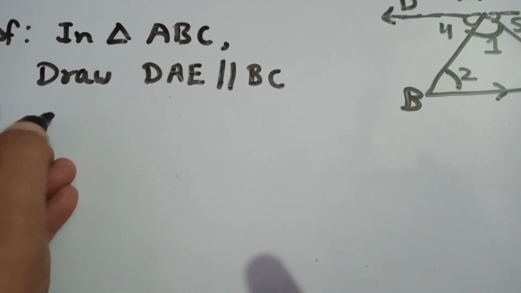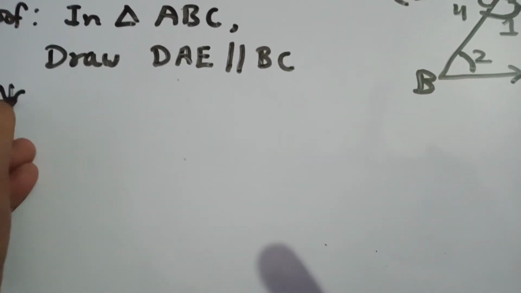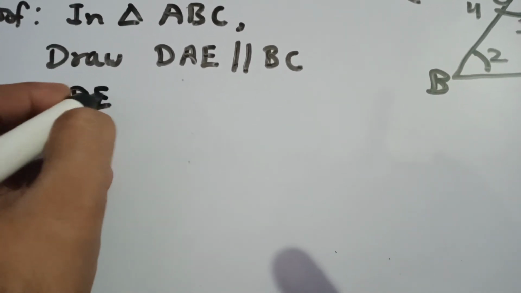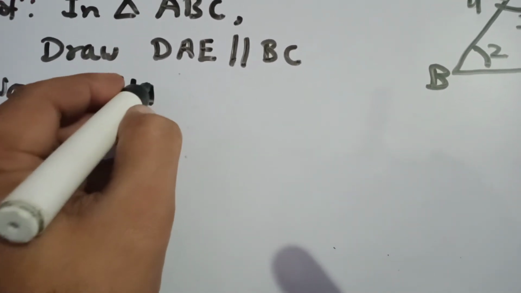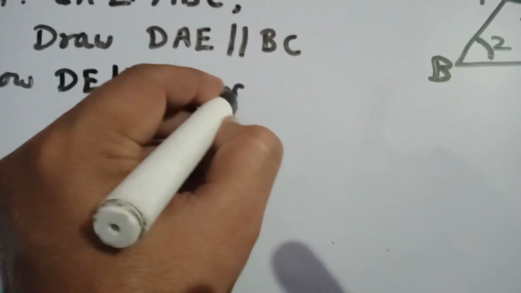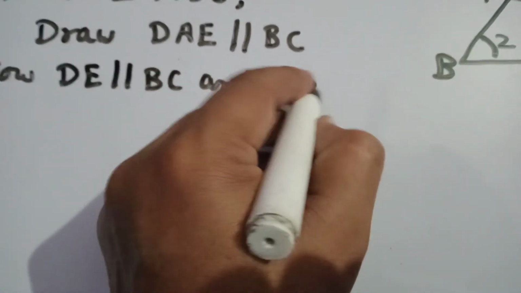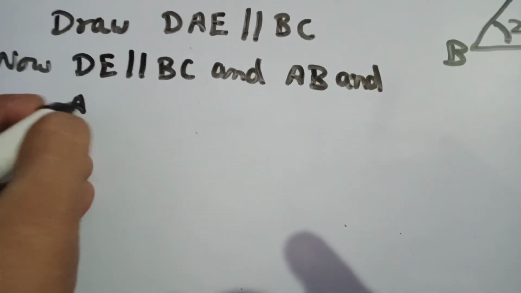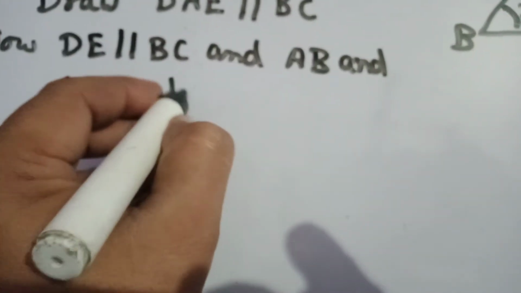Now, DE is parallel to BC, and AB and AC are transversals.